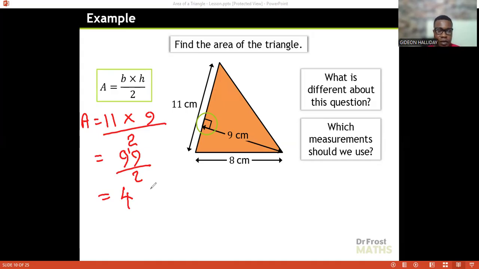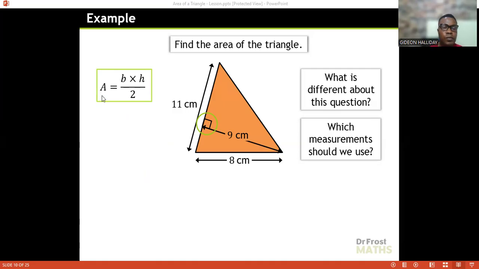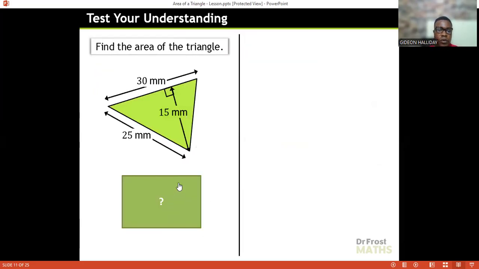How many twos can you get in 19? That's 9, that's 18, and then remainder 1. So you have 49 and a half, or 49.5 centimeters squared. All right, so you try this one.